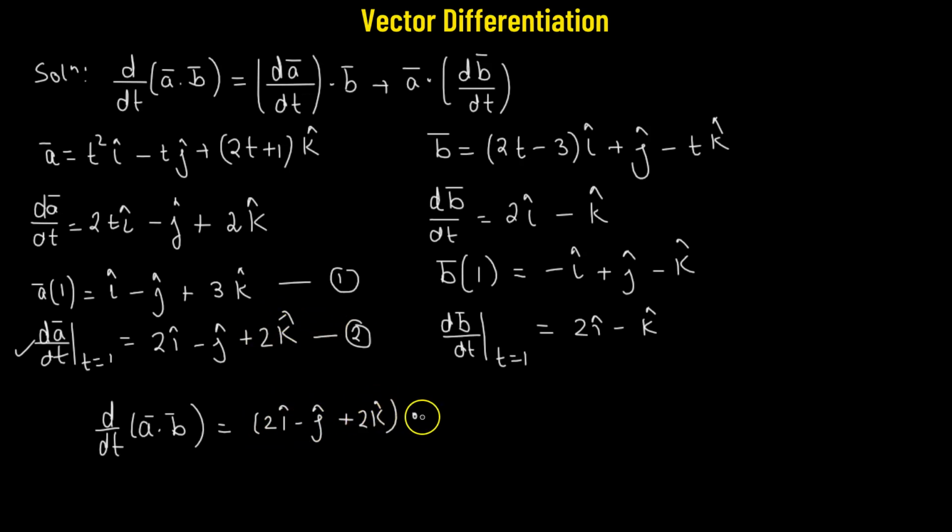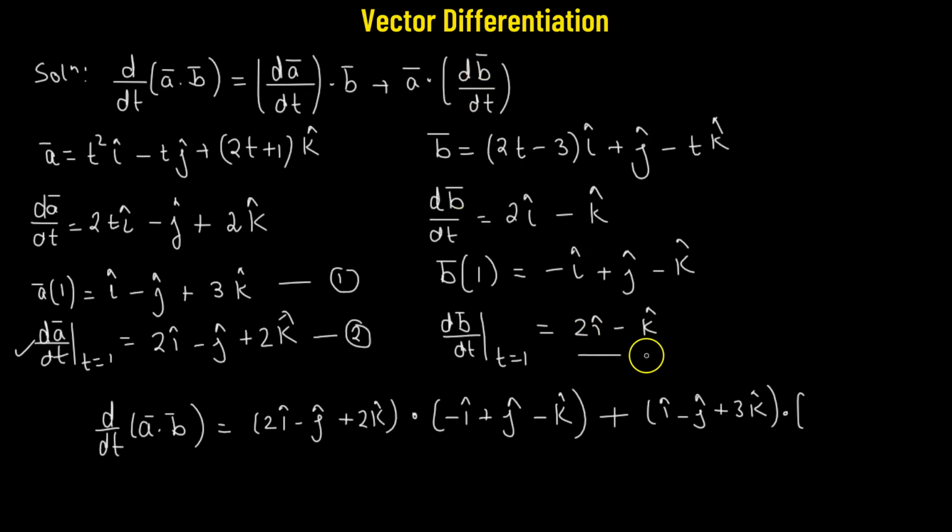This will be dotted with vector B calculated at t equals 1, so that's negative i cap plus j cap minus k cap. Plus, we need vector A, which is i cap minus j cap plus 3k cap, and this will be dotted with the derivative of vector B with respect to t, which is 2 i cap minus k cap.